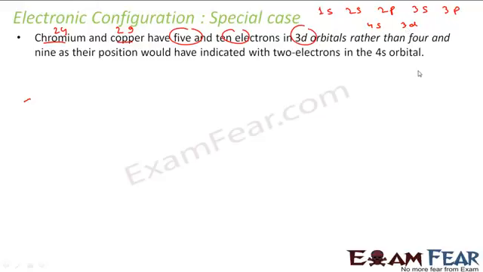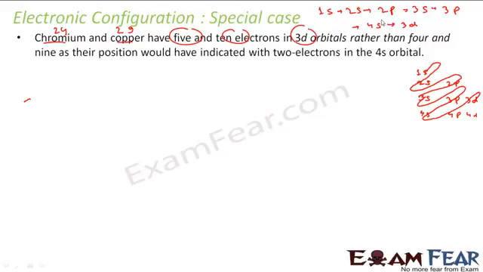If you want, I can also write it as 1s, 2s, 2p, 3s, 3p, 3d, 4s, 4p. So 1s, then 2s, then 2p, then 3s, then 3p, then 4s, and then 3d.